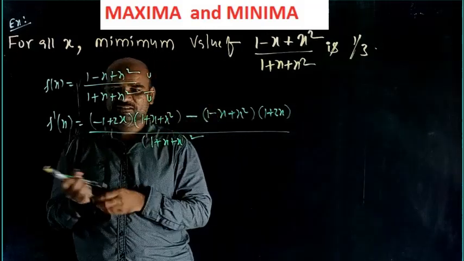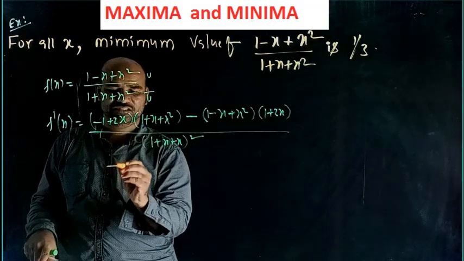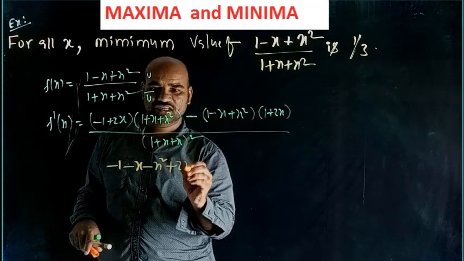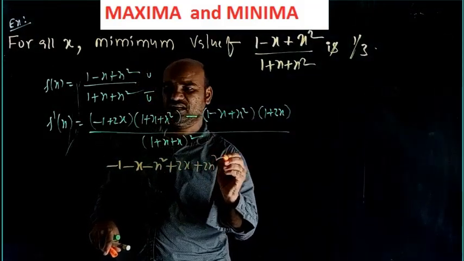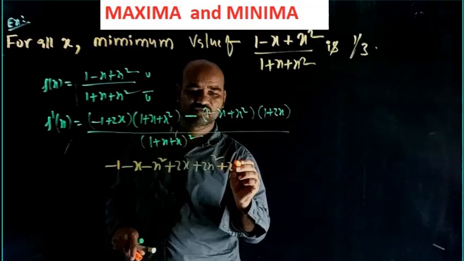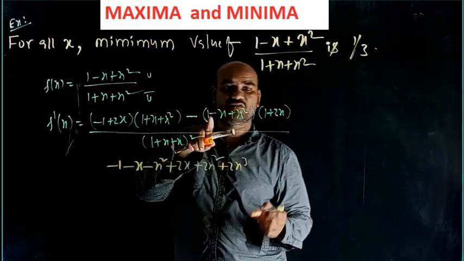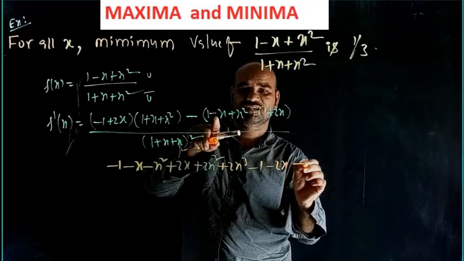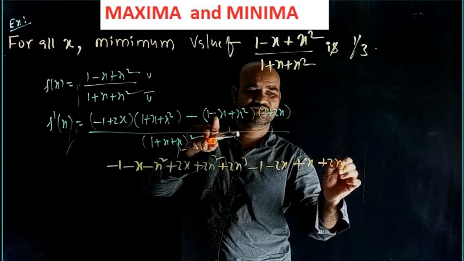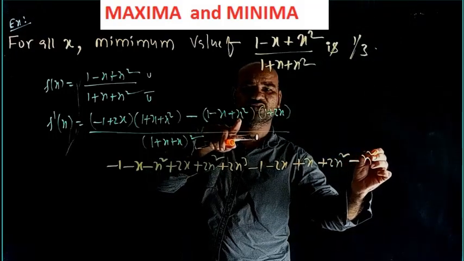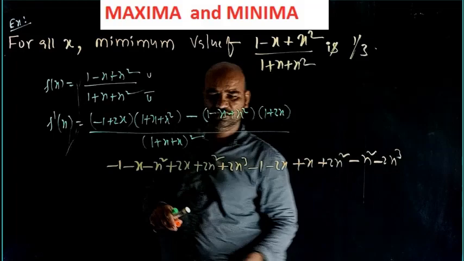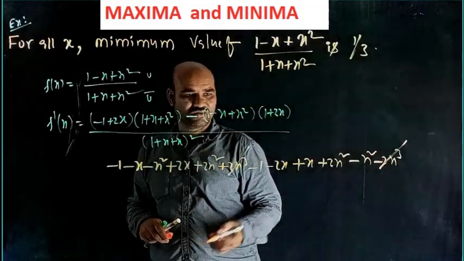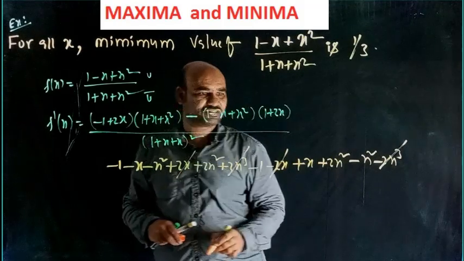Now we need to simplify. Minus 1 minus x square plus 2x square plus 2x cube. Okay, so 1 into 1 minus 2x plus x plus 2x square minus x square minus 2x cube. Plus 2x cube minus 2x cube cancelled. Minus 2x plus 2x cancelled.